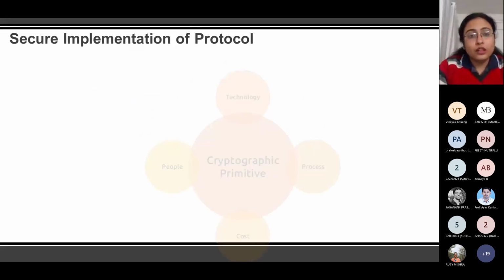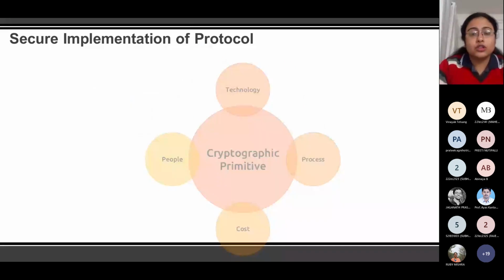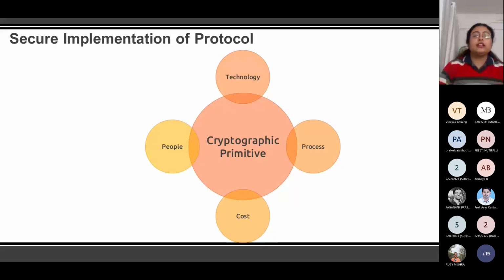So hardware security is not only limited to designing only cryptographic primitives in hardware. It depends on how we are going to implement it in a particular technology so that it does not have any side channel leakage or any hardware trojan. Then, how we are going to implement that particular product in a particular process, and how much the manufacturer can provide for security.